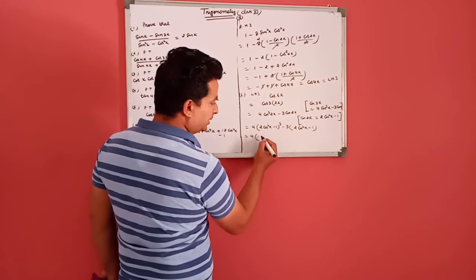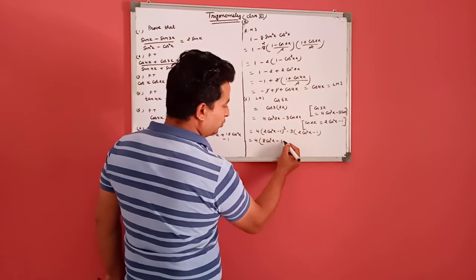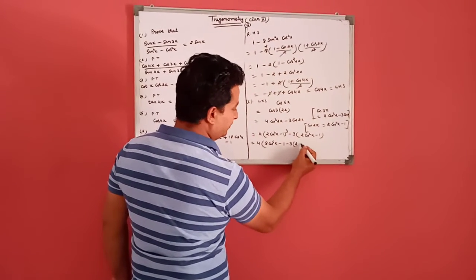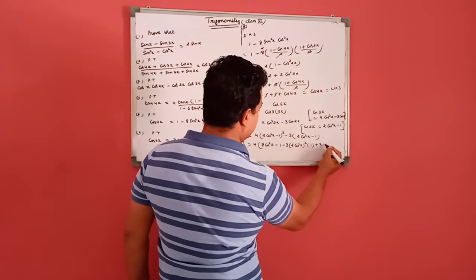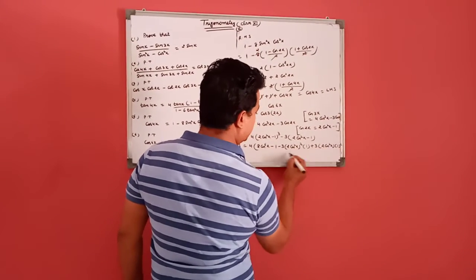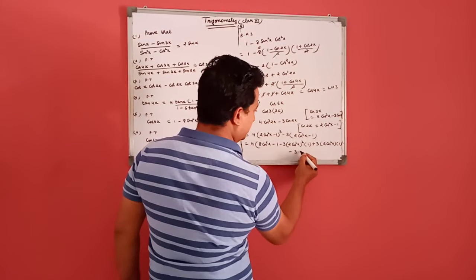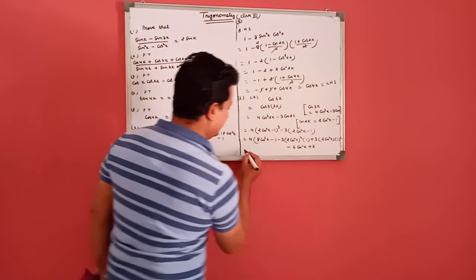After this open the identity. A cube minus b cube, 3 a square into b plus 3 a into b square, minus 3 to the 6 cos square x plus 3.